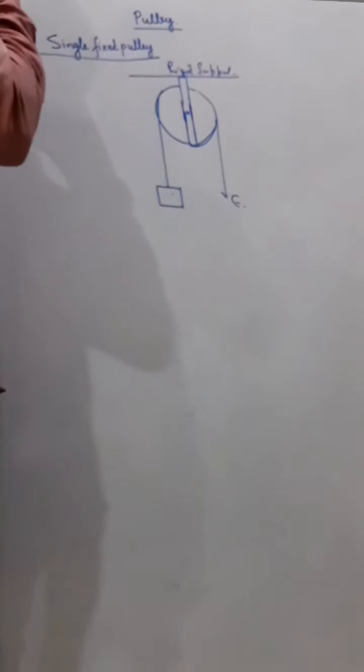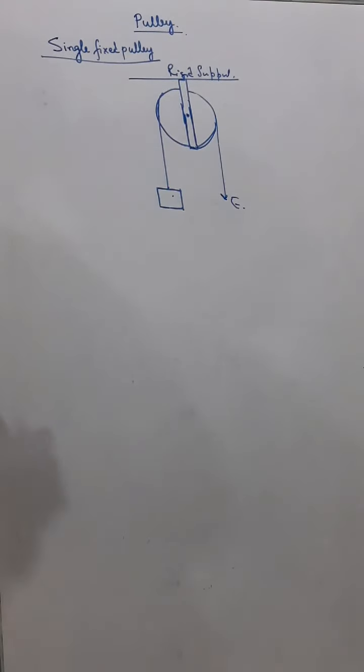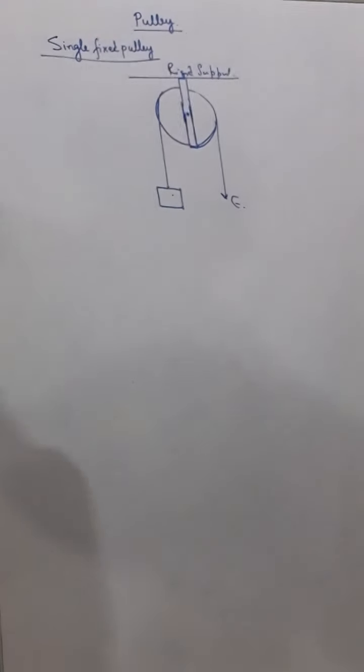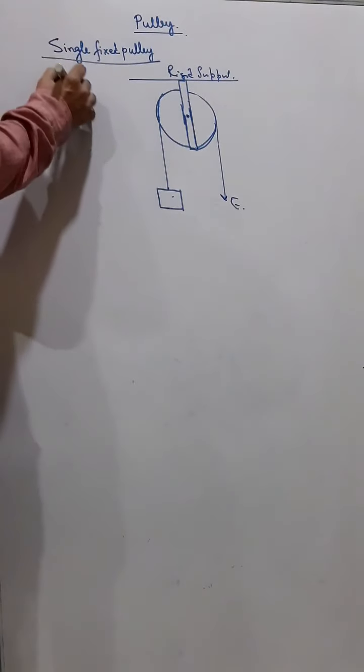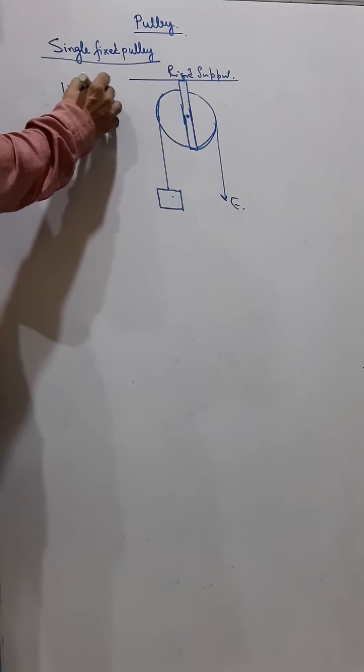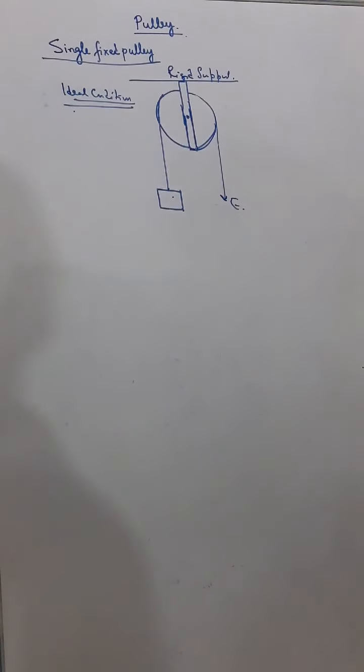So this is a single fixed pulley. Now let us calculate the mechanical advantage and the velocity ratio of this pulley in an ideal condition. Naturally we always derive the mechanical advantage and velocity ratio in ideal condition.